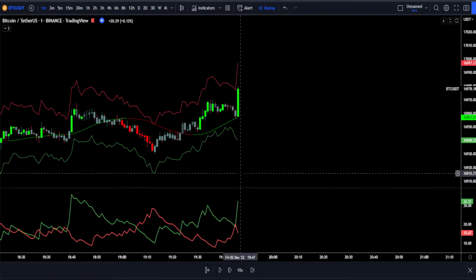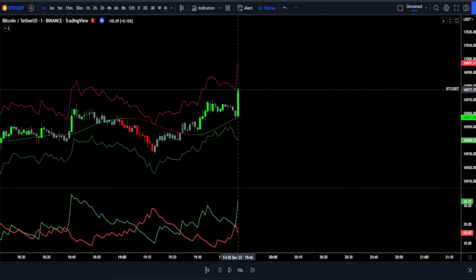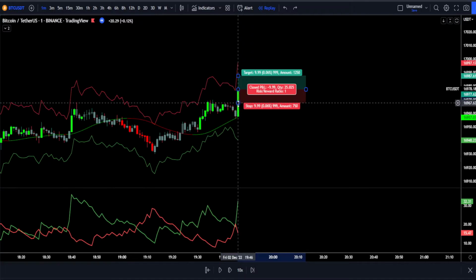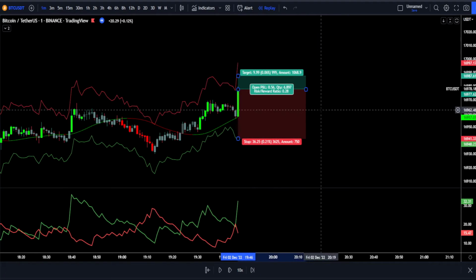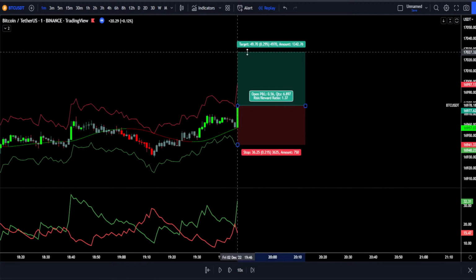Lastly, the trigger candlestick or the one previous to it must be colored in green. If all of these conditions are met, we can safely enter a long signal on the close of our trigger candlestick. Once we are in a position, we will be placing our stop loss at the lower ATR line. Then for the take profit, we will be targeting 1.5 times the risk.